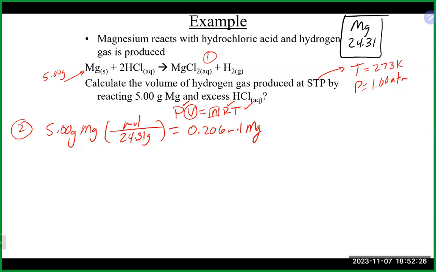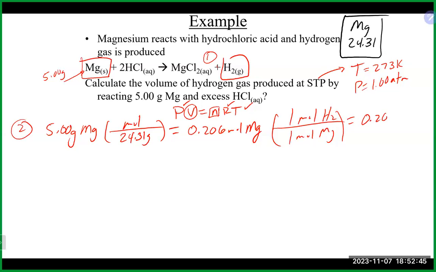Here we're going to use the mole-to-mole relationship between magnesium and hydrogen because that's the gas we're looking for. In this case, it's a 1-to-1 relationship, which makes the stoichiometry pretty straightforward. 1 mole magnesium gives us 1 mole of hydrogen, which means we end up with 0.206 moles of hydrogen.